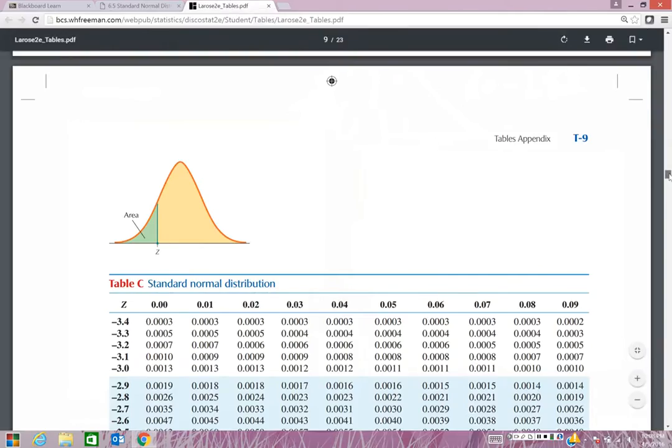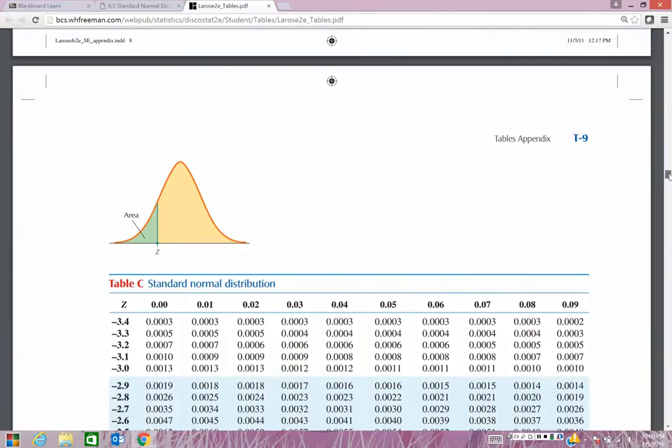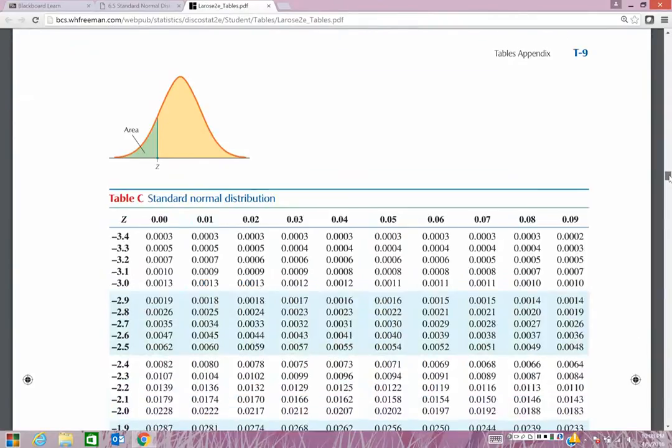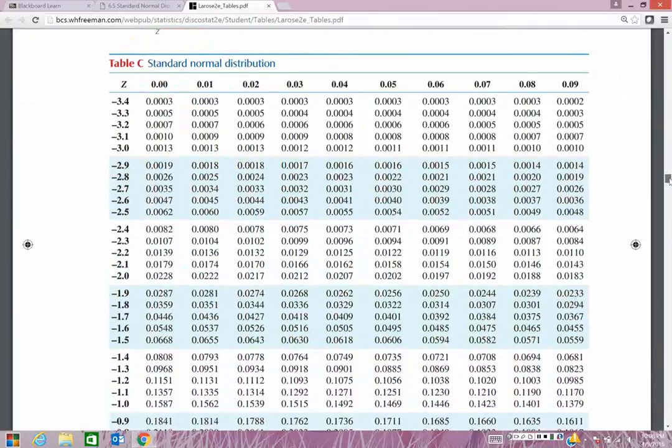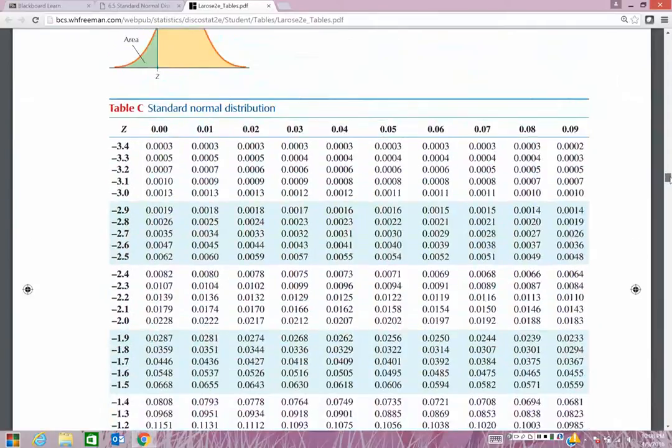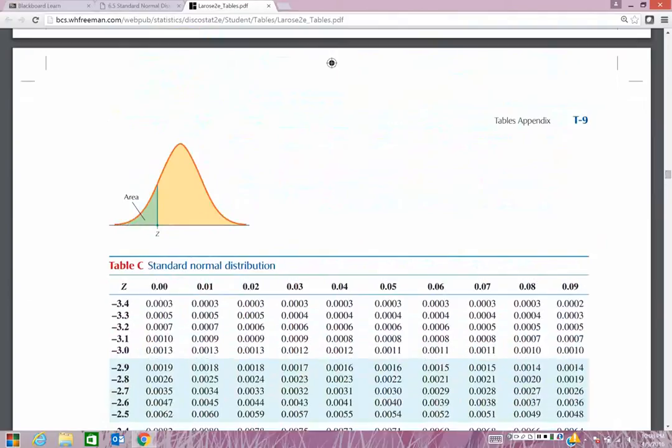And if we recall what we just shaded, we know that this number must be less than 50% because it didn't cover half of that bell curve. So -1.52. In this direction, we're going to look for that -1.5.